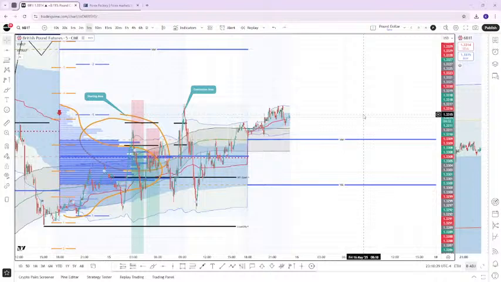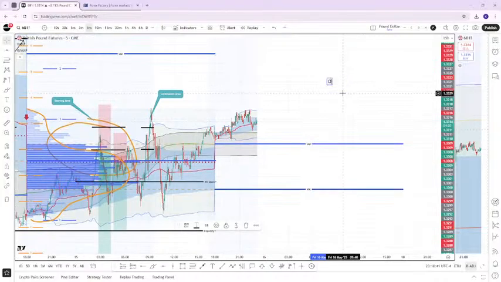So outside value area, let's just do this text. Outside value area, upside. So that is continuation of buying.